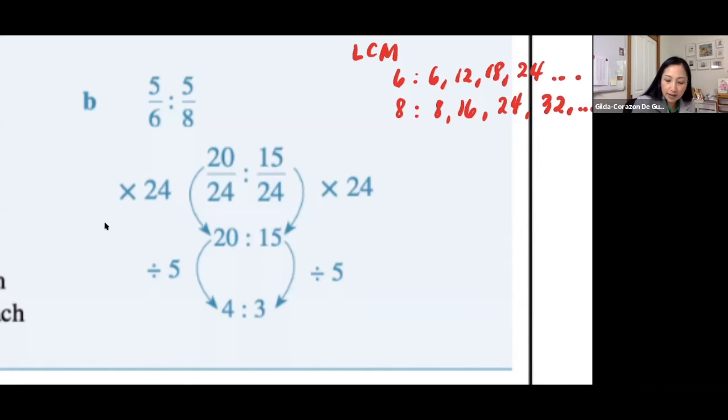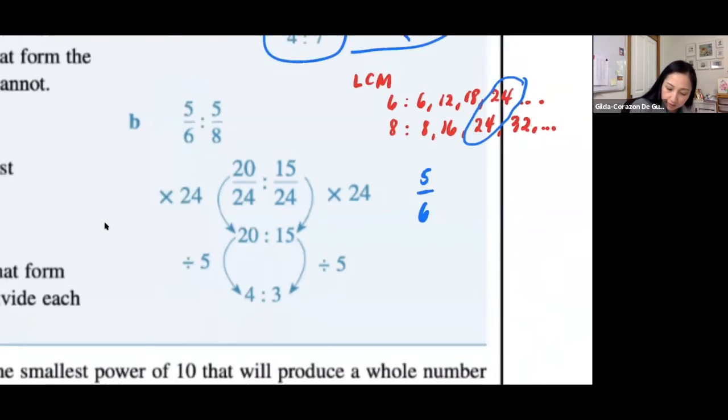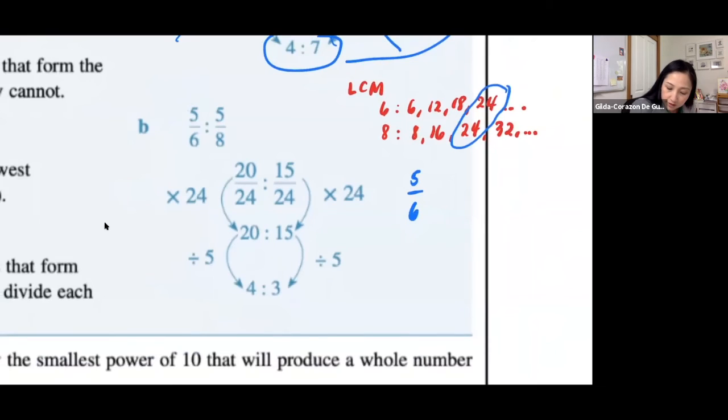And what would be our least common multiple? It would have to be 24, right? And that's why it's 24 here, right? So what do you multiply to? So let's write it down here. 5/6 to 5/8. We want them to be 24/24, right?